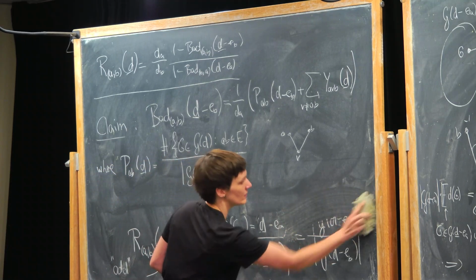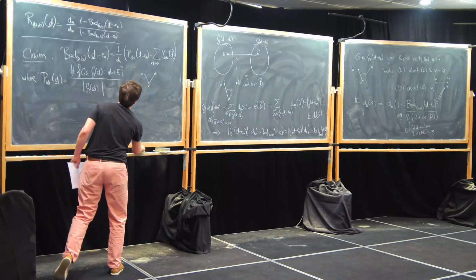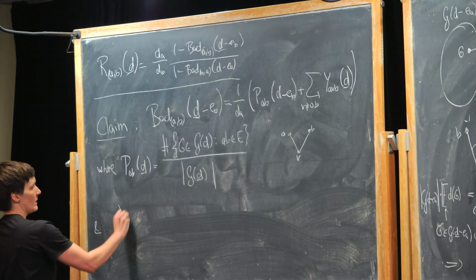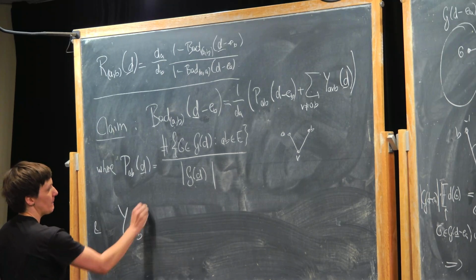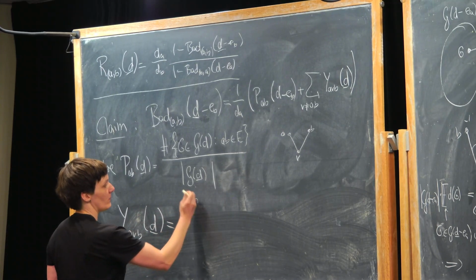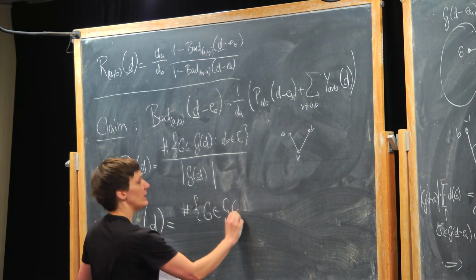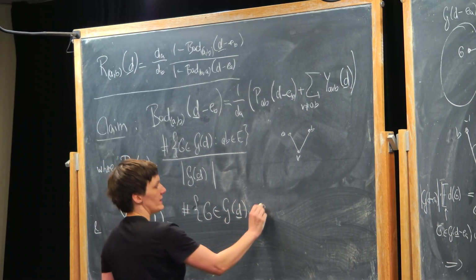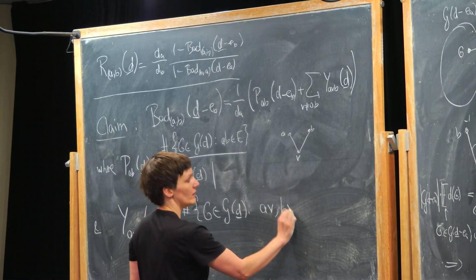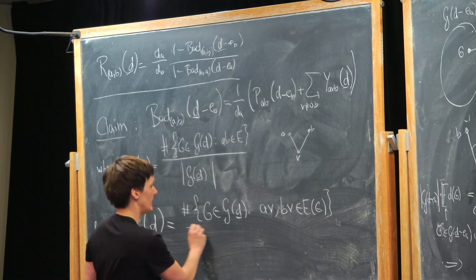And similarly for this YAVB, that's the number of G in G of D where I see both edges, AV and BV, and I divide by everything.